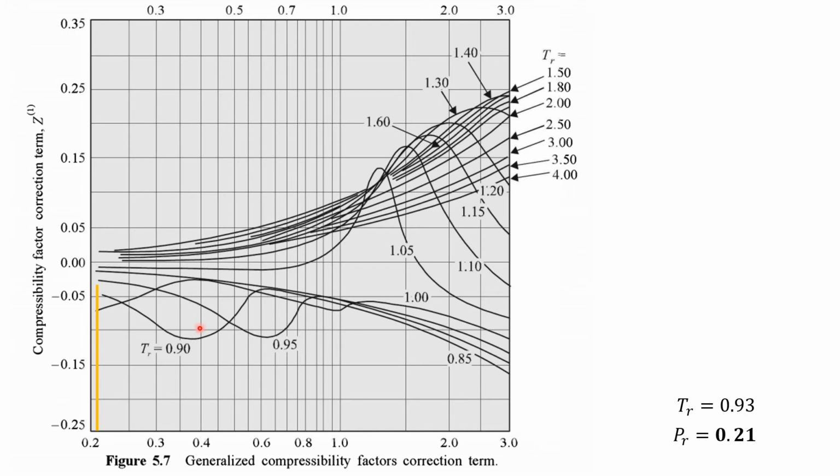So Tr equal to 0.93 will come between these two curves. From here we can draw a line towards the left hand side which will give the value of Z1. So Z1 equal to minus 0.04.